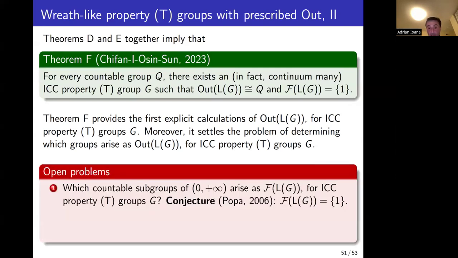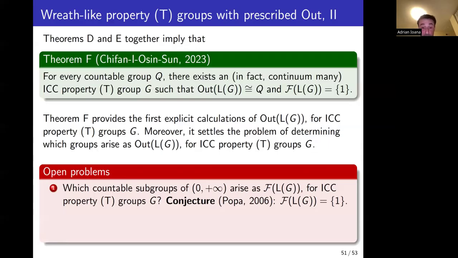So the first open problem is to try to address the analogous question for the fundamental group of L(G). Which countable subgroups of positive reals arise as the fundamental group of L(G) for ICC property T groups G?